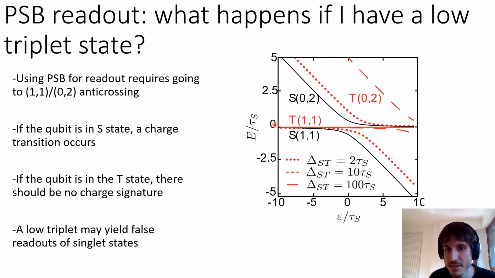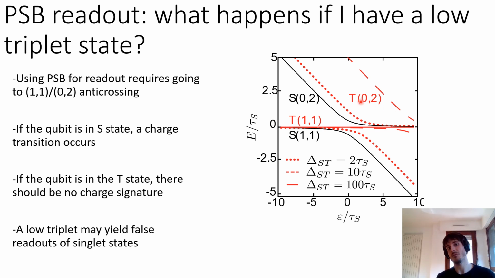Now, if you are in the triplet state, you start here, and as you go to the anti-crossing, in principle, you don't expect any charge transition. So you can distinguish your singlet from your triplet state.